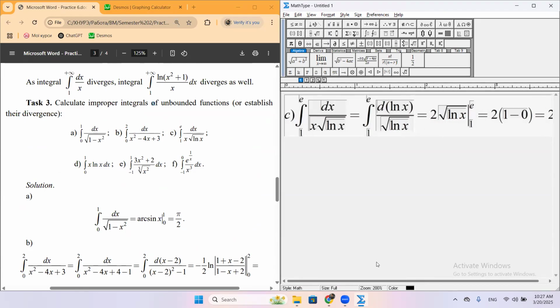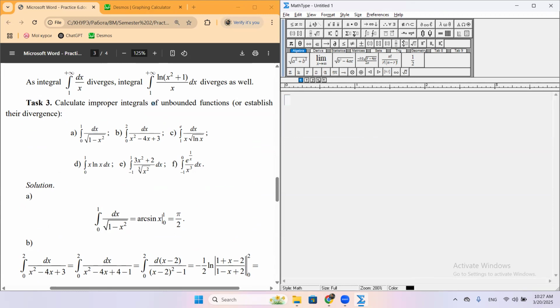Any questions about this exercise? I guess no questions. So let's move next. Integral d. We integrate from 0 to 1 x logarithm of x dx.